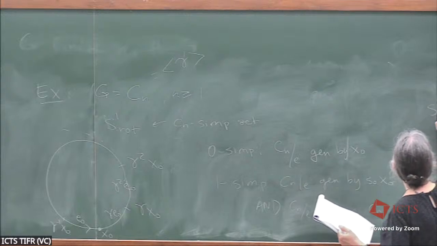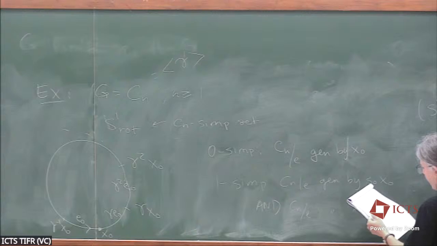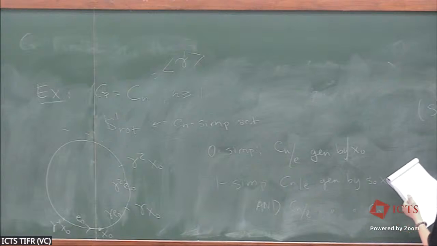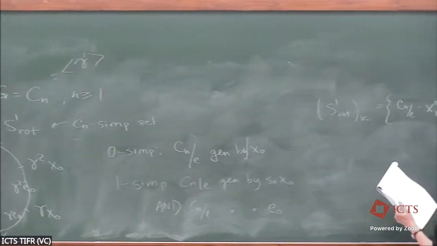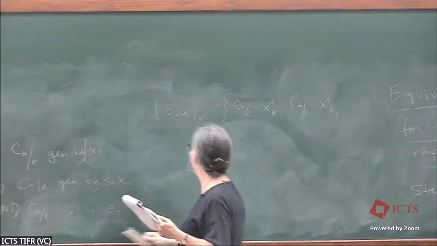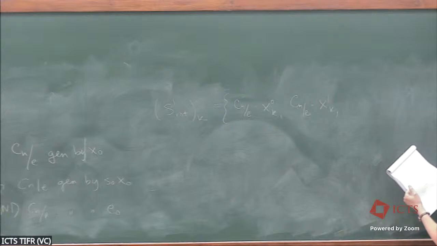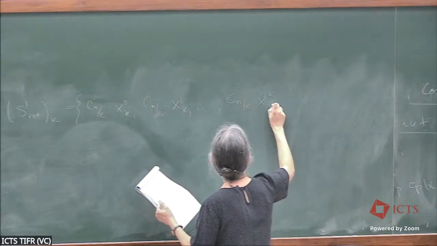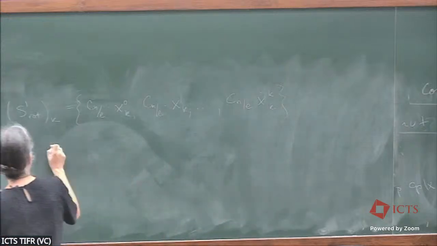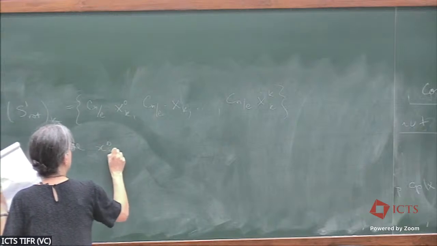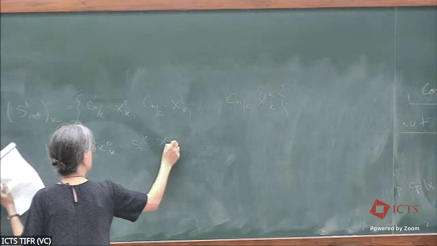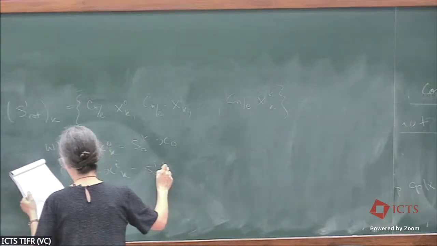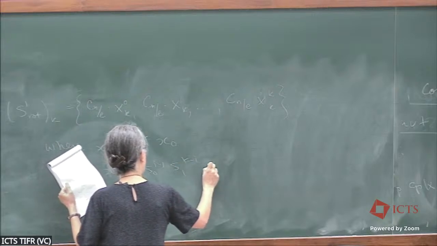And in general, S1 rot in simplicial degree k is equal to Cn/e x0k, Cn/e x1k, up to Cn/e xkk, where x0k is equal to S0^k of the x0 that I started with, and xik is equal to S0^(i-1) S1^(k-i) of E0.